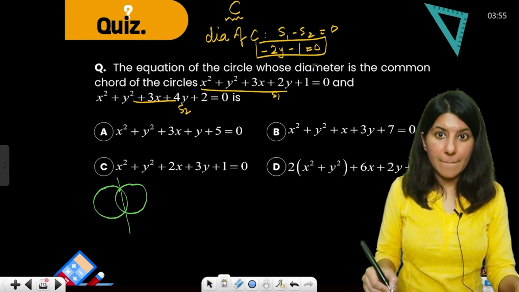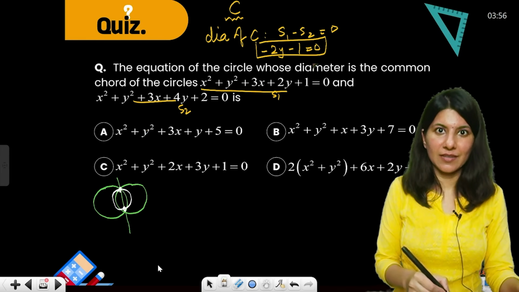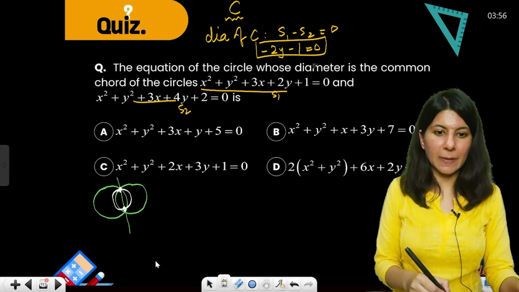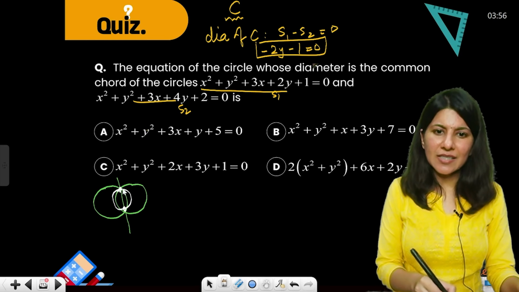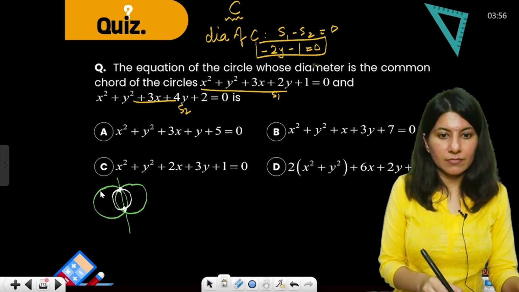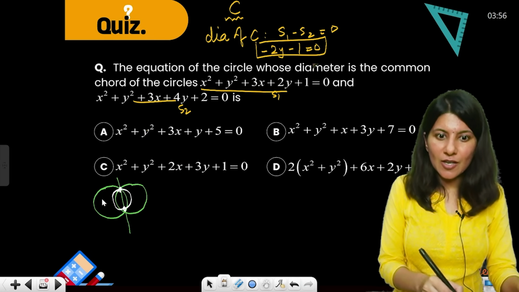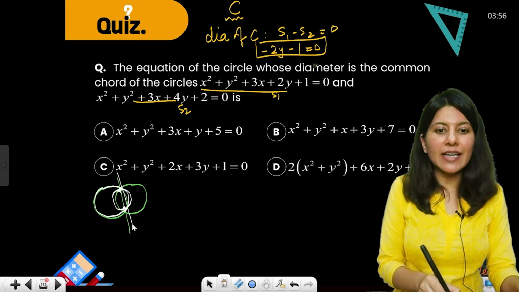Now my circle's diameter is actually this, and will look like this only. So my circle is passing through the point of intersection of either these two circles, or any one of the circles and a line.